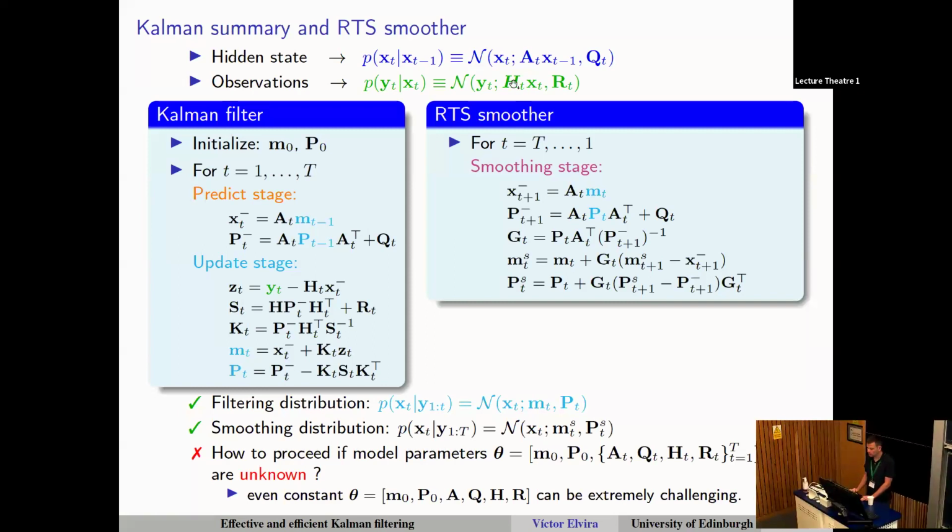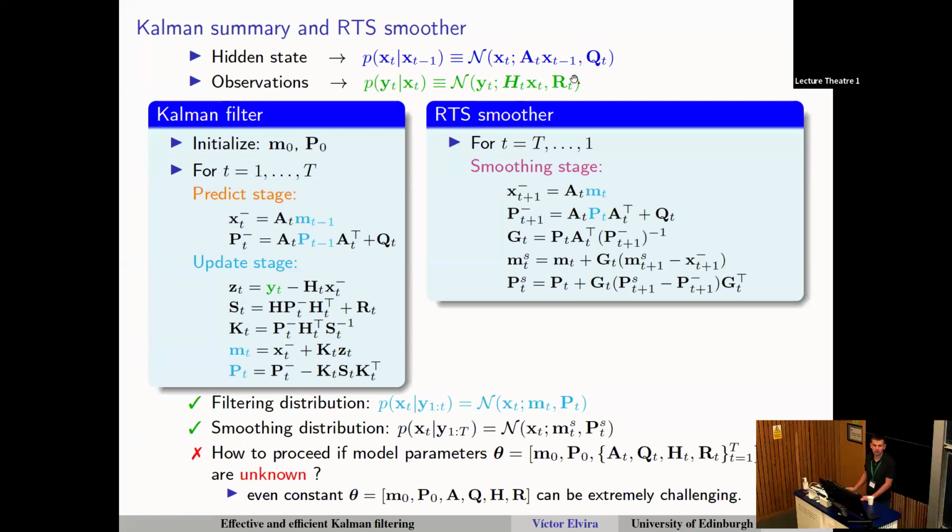Then H is going to be just a 2x4 matrix that maps between the four-dimensional state and the two-dimensional observation, and it contains ones and zeros. The velocities you don't observe, you observe just the position, plus some additive noise, for example. This is one example where H is not that complicated.